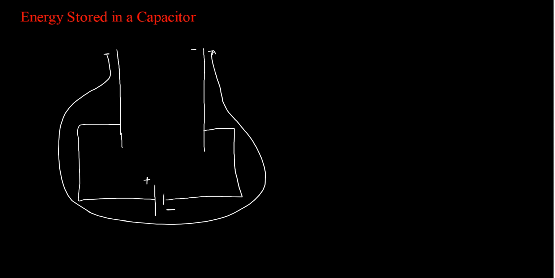Now we know that the work equals the force times the distance between the two plates, and the force will be the electric force acting because of the electric field. In other words, the electrostatic force is Q times E, multiplied by the distance between the two plates.